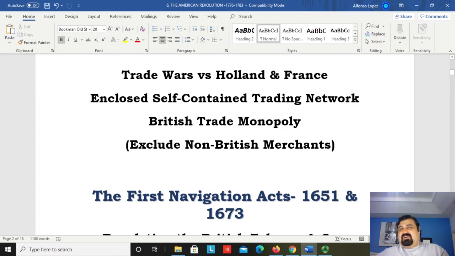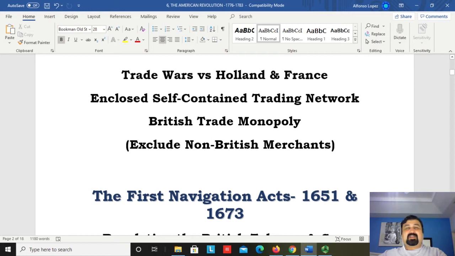They want to make sure that if the colonies are growing things like tobacco and sugar, they're not selling those products to French or Dutch companies. That was so easy to do, by the way, during this time, because trade was not regulated. So they now want to exert a monopoly on this trade.